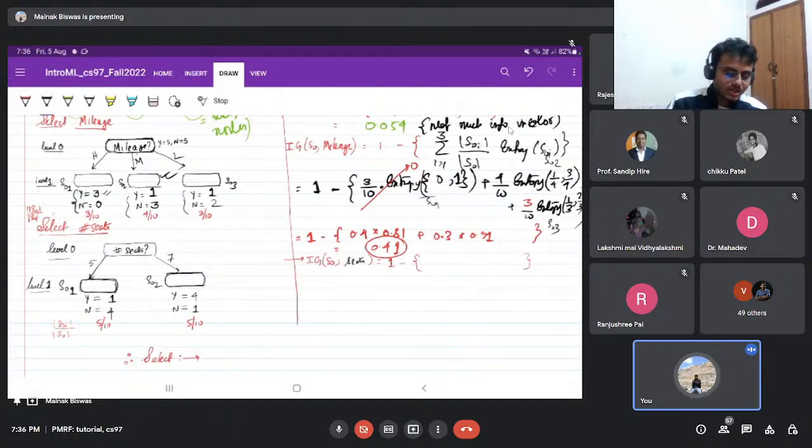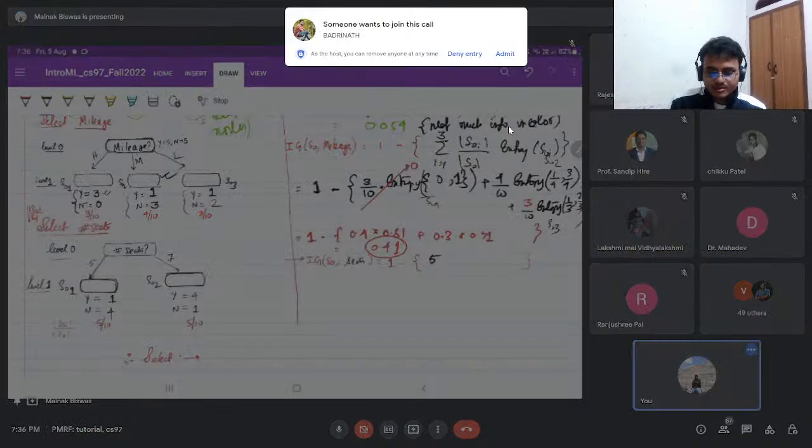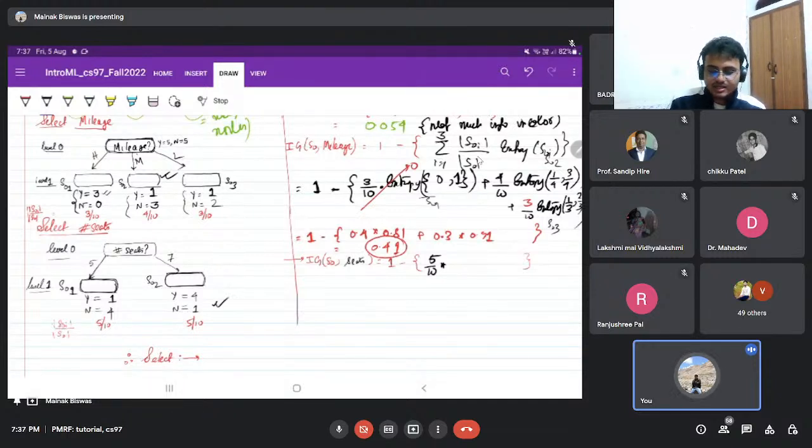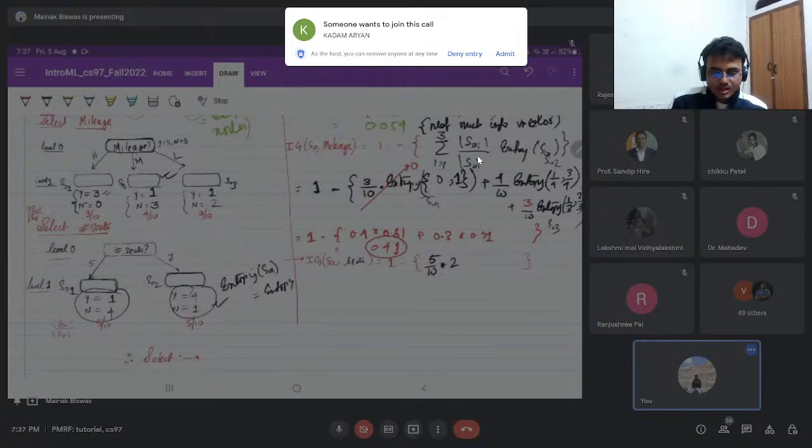If it is a 5-seater car, 4 times out of 5 people don't buy it, and if it's a 7-seater car, 4 times out of 5 they buy it. In both these cases it's 5 by 10 into, and for ease of calculation I made up this example. So 5 by 10 into 2, because both of these entropies are the same: entropy of S01 is equal to entropy of S02.